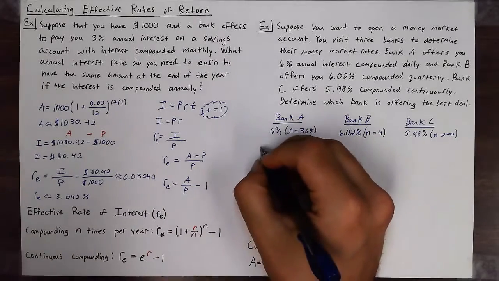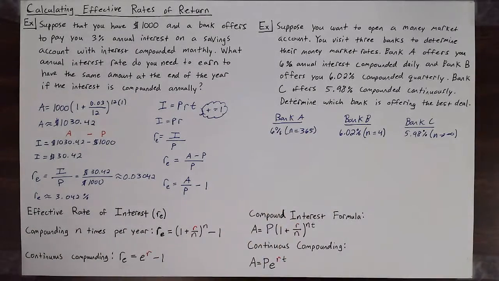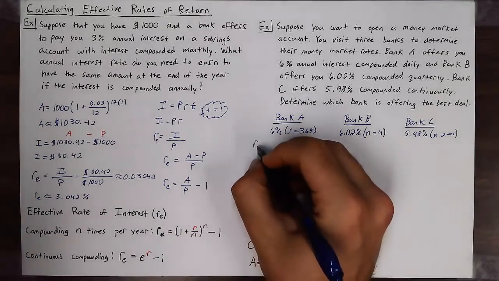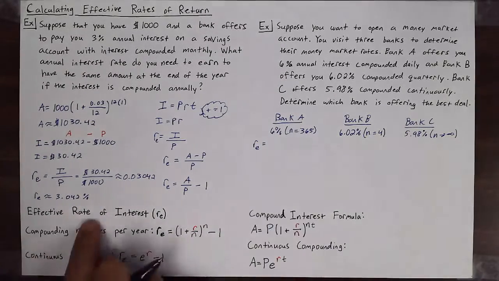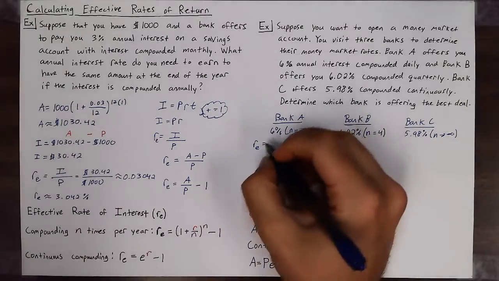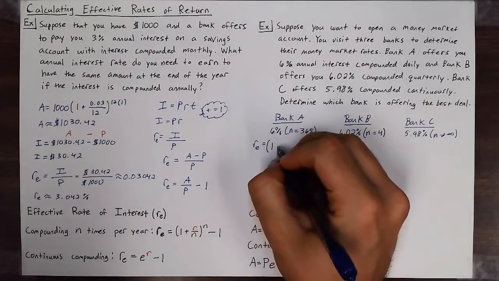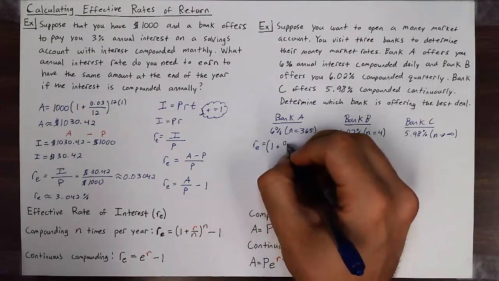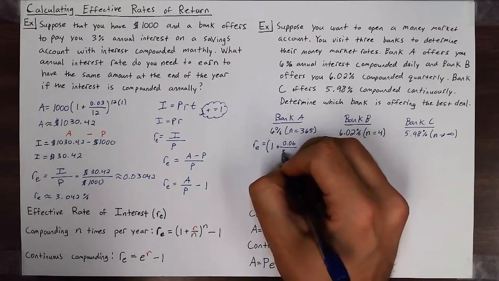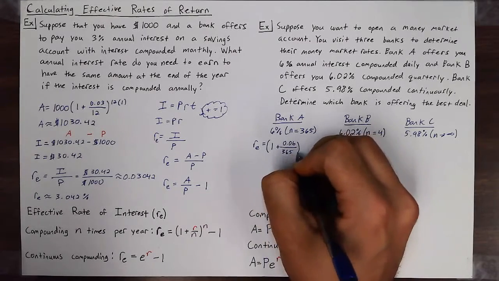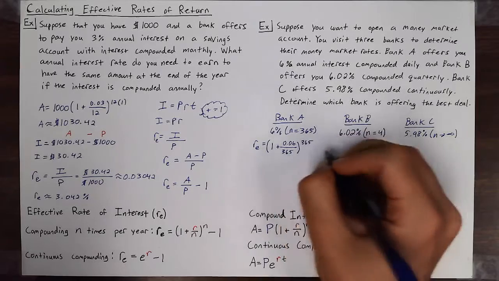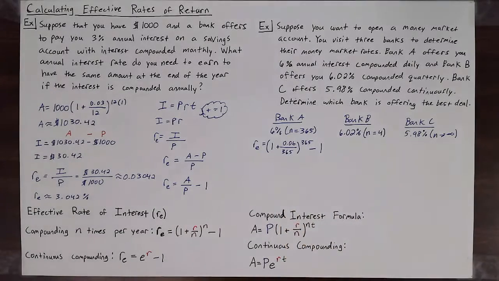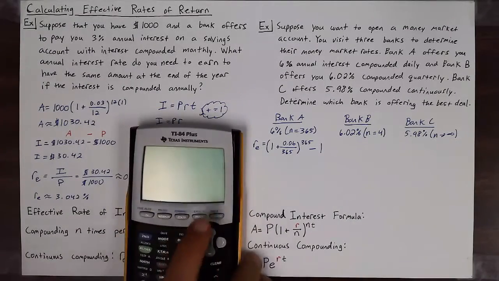So for Bank A, R sub E, the effective rate of interest, is equal to 1 plus the rate, which is 0.06, divided by 365, raised to the 365th power minus 1. So let me plug that in and see how much that's worth.